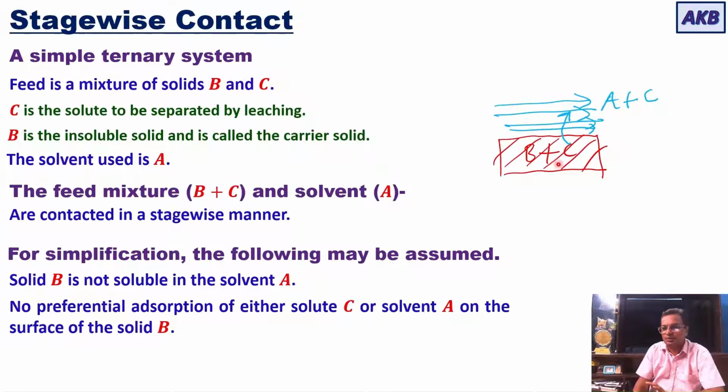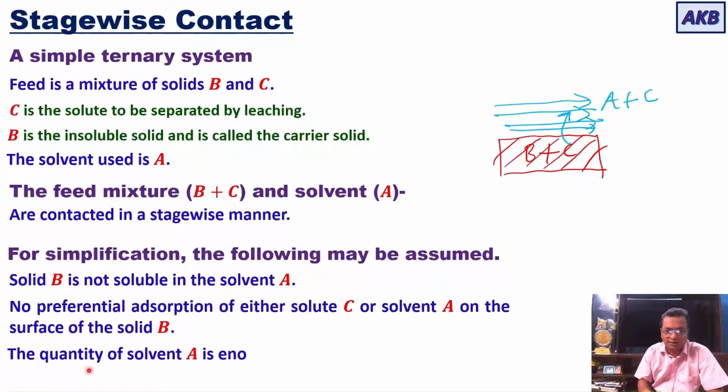That is, in simple words, we are ignoring the adsorption of either of the two components. So there is no adsorption of any component from the liquid solution. And in the liquid solution, you have two components, solvent A and solute C. So no preferential adsorption of either solute C or solvent A on the surface of the solid B. This is the second assumption.